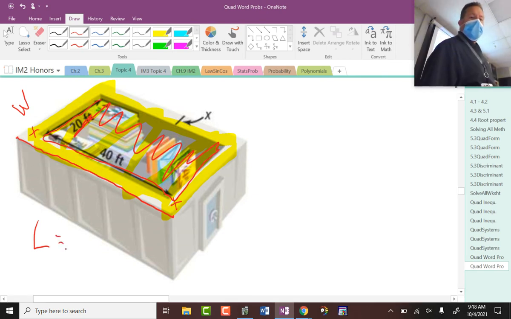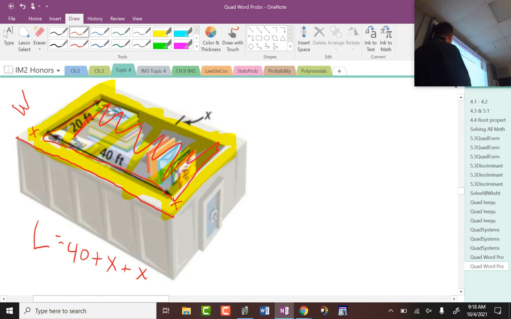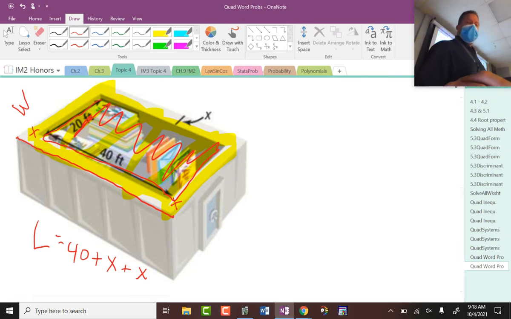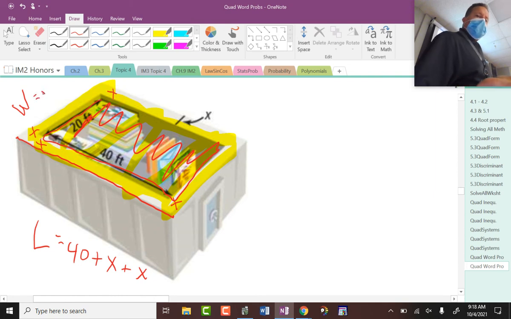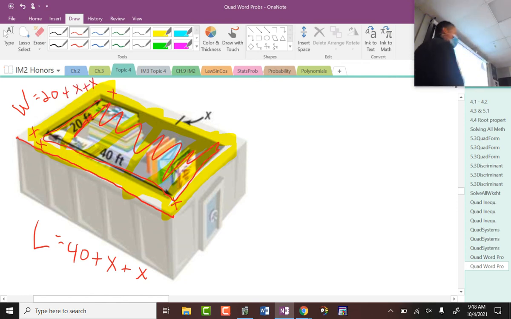So the length of the whole situation is 40 plus each X, which will end up being 40 plus 2X. Same exact thing happens with the width. We have 20 on the interior, but then we have an X here and an X here. So this is 20 plus X plus X. I'm going to write it like that, but then when we actually use it, we're going to make it 2X.